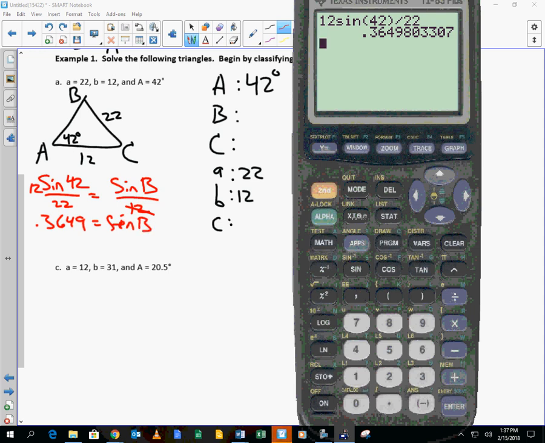Yeah, it is. So we're good to go. Remember, sine could be this in the first quadrant or the second quadrant, couldn't it? So why can I just eliminate the second quadrant? Because we know that B is acute. So therefore, we just inverse.